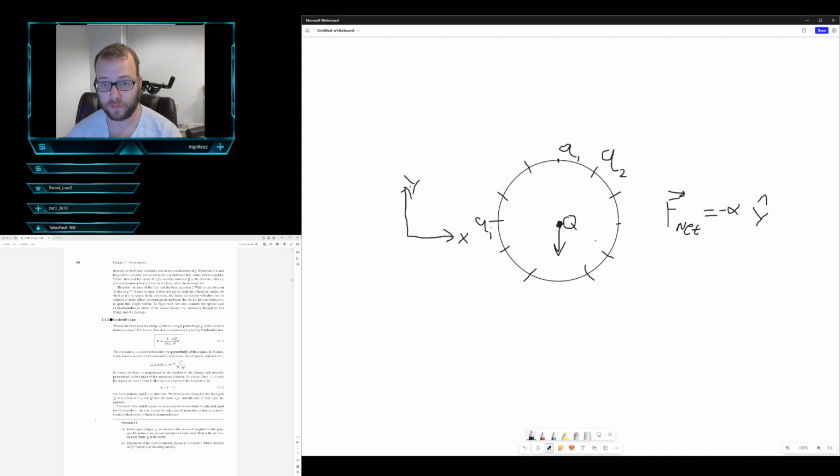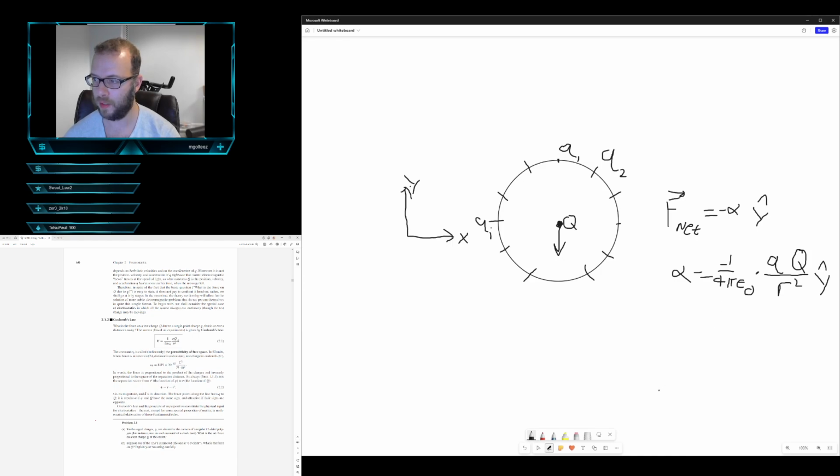Now the strength of that force, alpha, is going to be equal to 1 over 4 pi epsilon naught times Q, capital Q, over r squared, minus y hat.